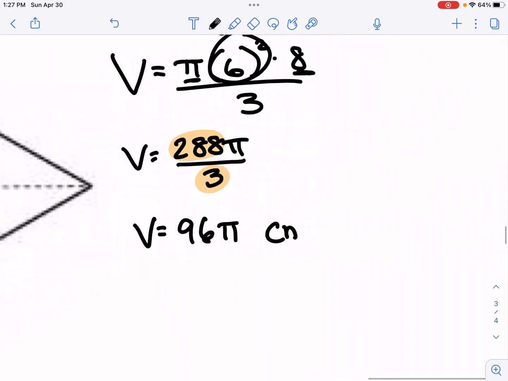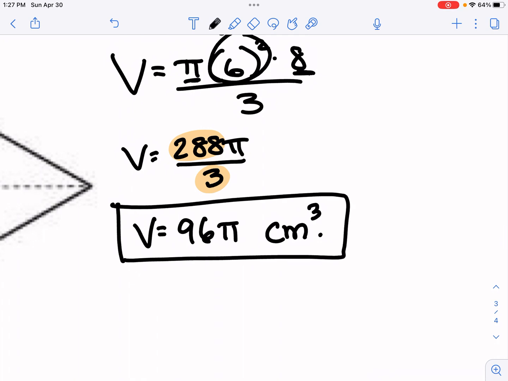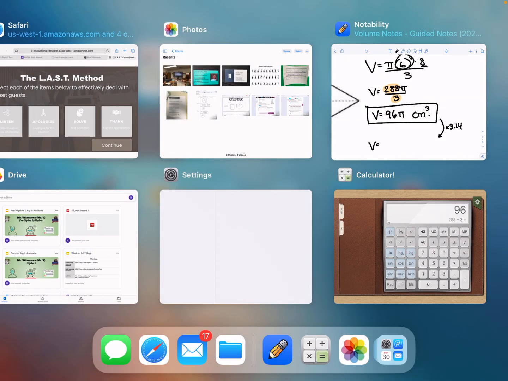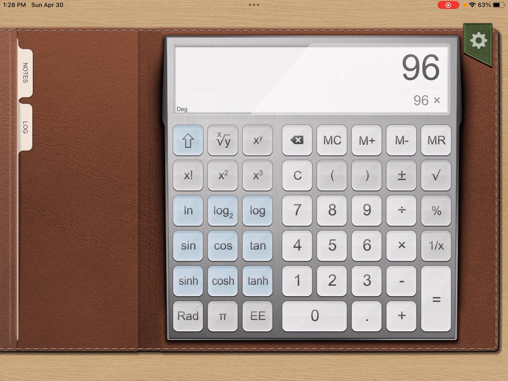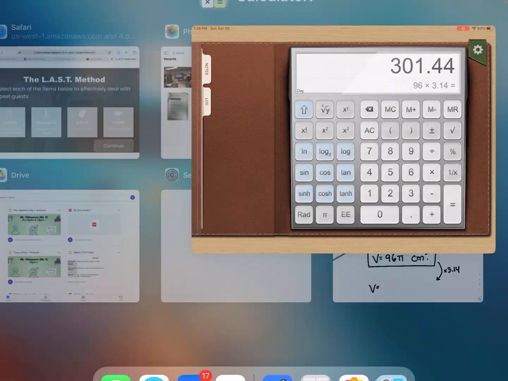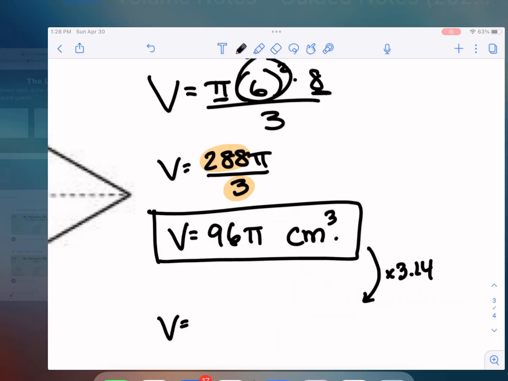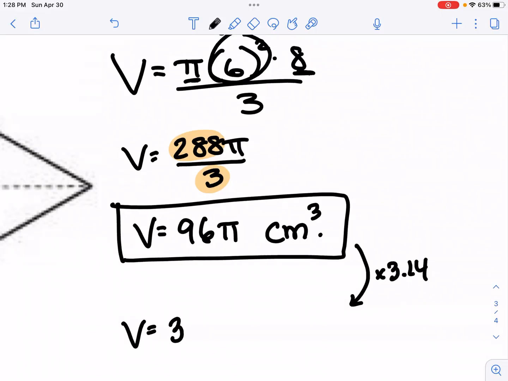and this is centimeters, so cubic centimeters. This could be your answer for the formula for the volume of a cone in this case. Or we could write our answer by multiplying by 3.14. So 96 times that is 301.44, still keeping cubic centimeters.